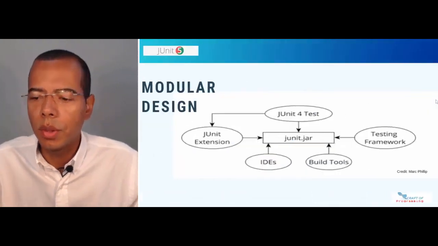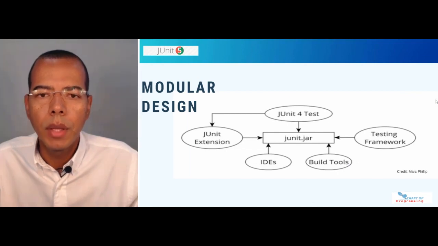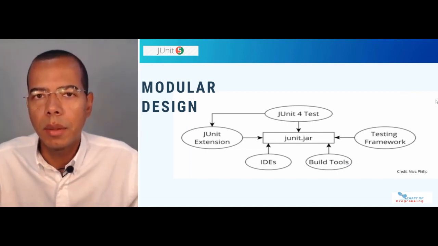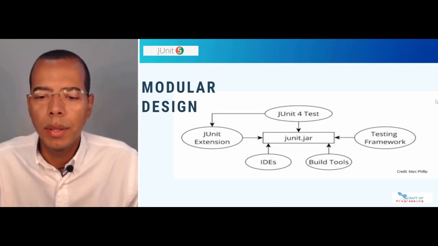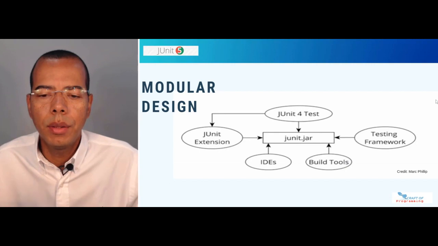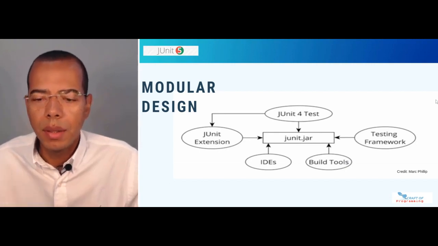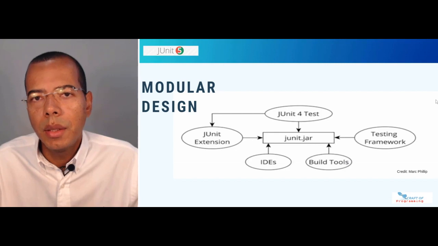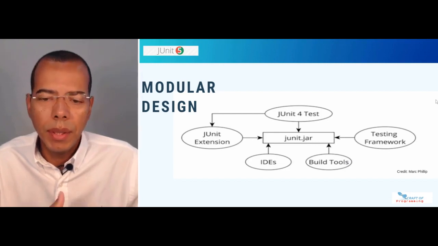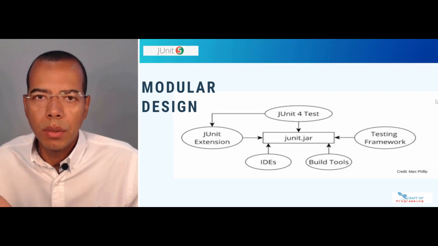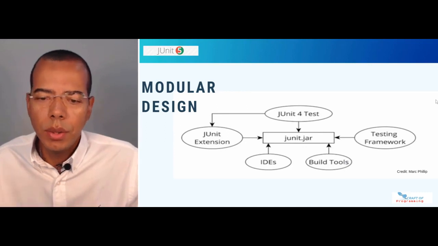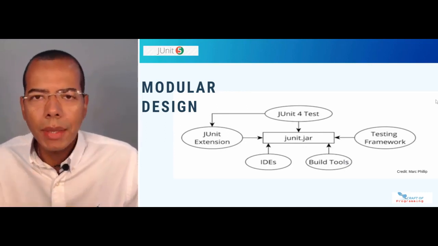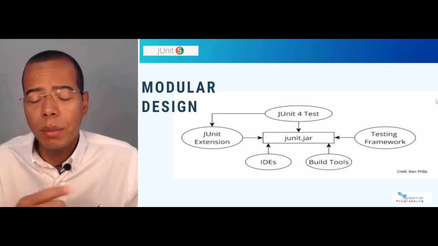This is a slide courtesy of Marc Philipp from the JUnit 5 team, and it highlights the problem of JUnit 4. The issue is that JUnit 4 had a single monolithic jar, which you as a test implementer would depend upon, or you as an IDE builder would depend upon, or if you're writing build tools like Gradle or Maven, you would depend on that, or if you have a third-party testing framework like Spring, you would depend on that too, or if you're writing some JUnit 4 extension, you depend on that.